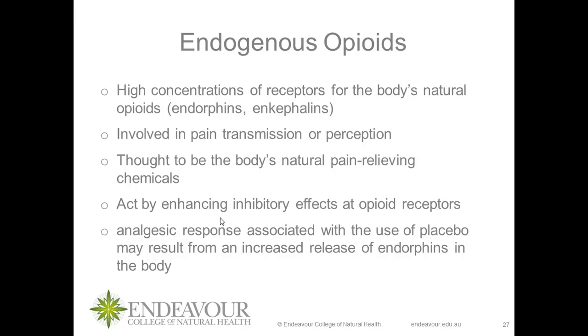So acupuncture is an example here of something that raises the levels of endorphins in the body. By increasing the levels that are released with the use of acupuncture, that person has better pain management and then doesn't need to take analgesic drugs because they're using an analgesic natural therapy.